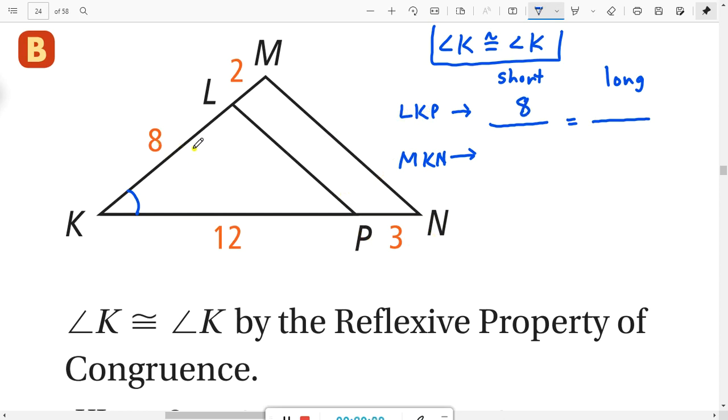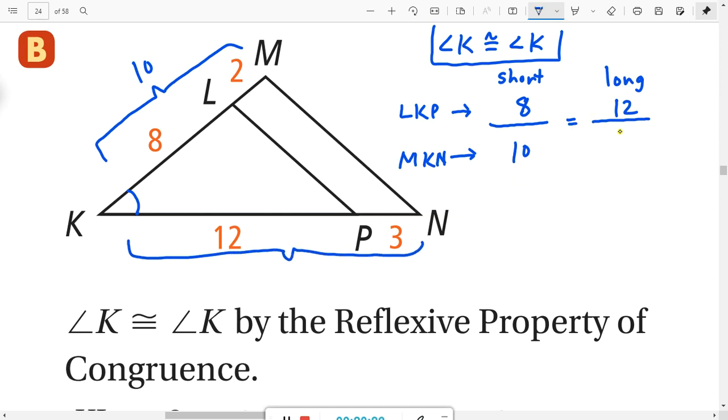And for LKP, the longer side is 12. And for the big triangle, MKN, the shorter side is going to be 8 plus 2, so that's a 10. And the longer side is going to be 12 plus 3, so that's a 15.